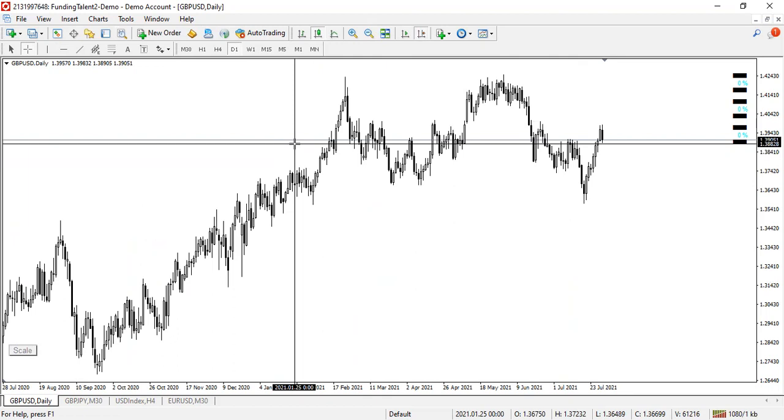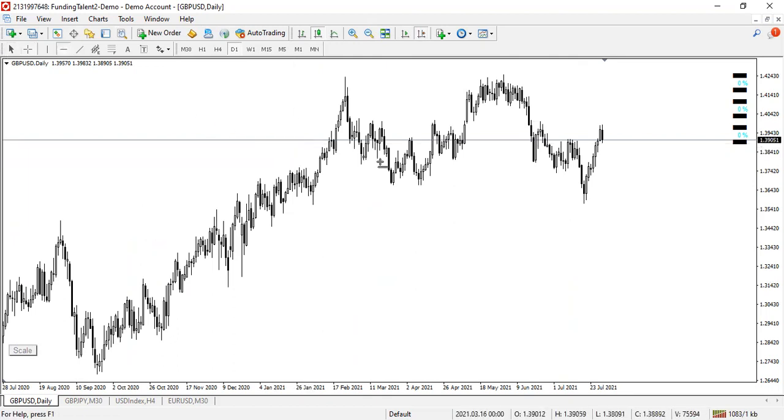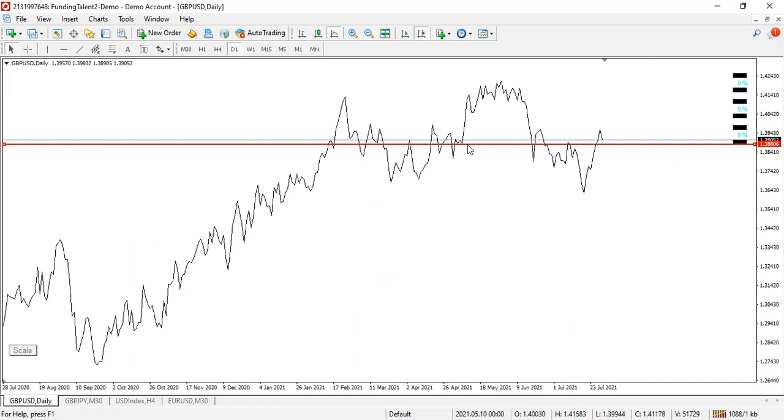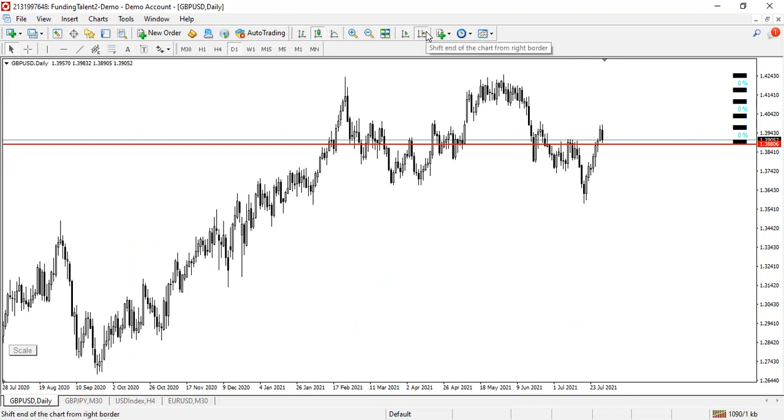They closed just above this zone. That is where they closed. Let me push it up a little bit here. That is 28th. So that is what the market accomplished on 28th.